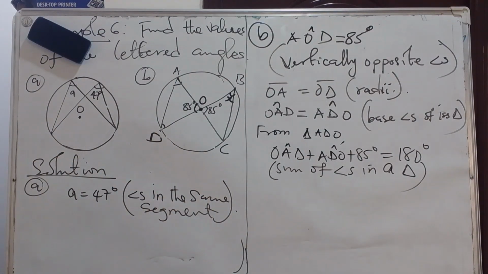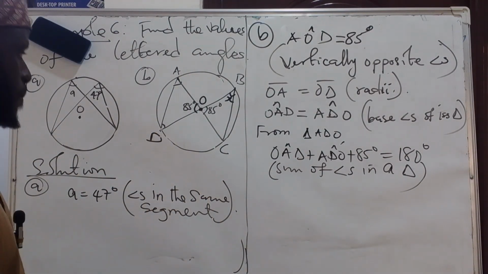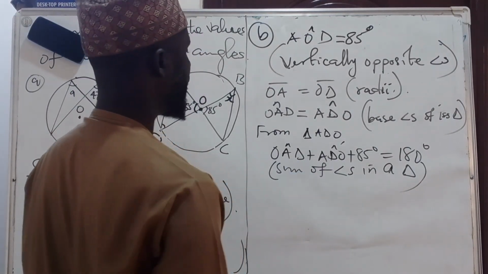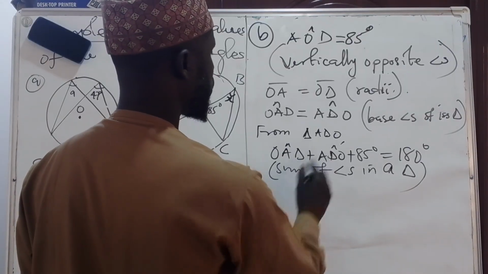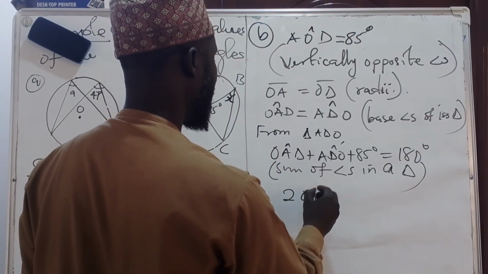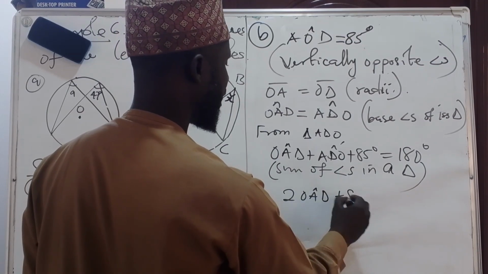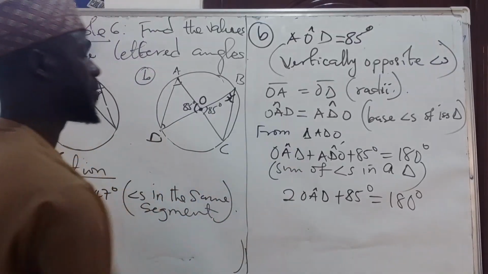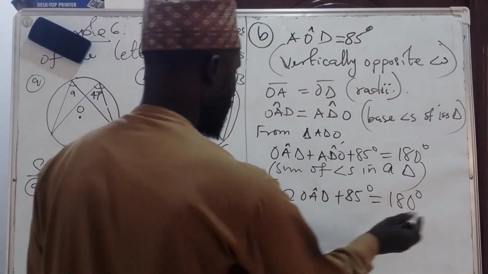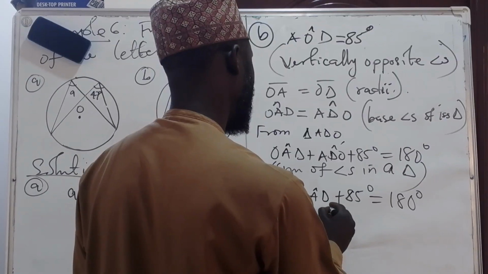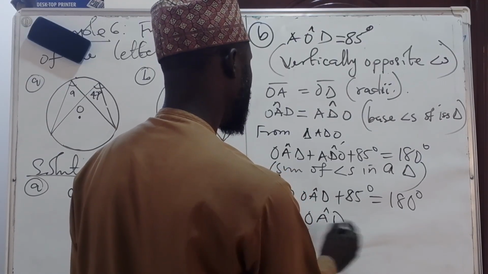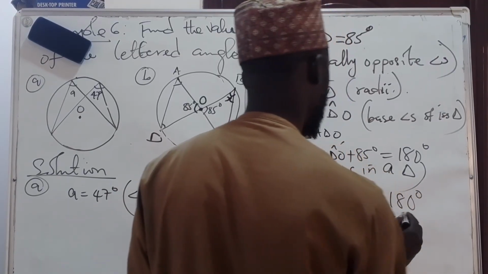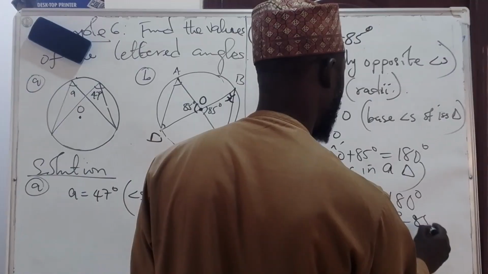But OAD and ADO are the same, so you can say 2OAD plus 85 is equal to 180 degrees. So that 2OAD is equal to 180 degrees minus 85 degrees.